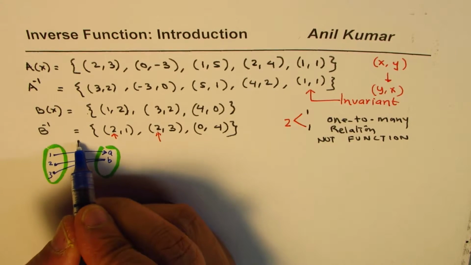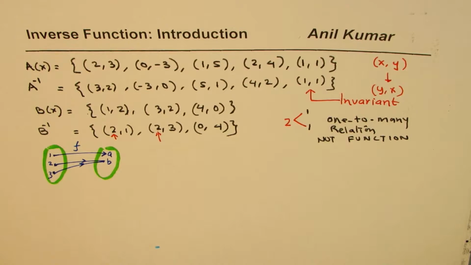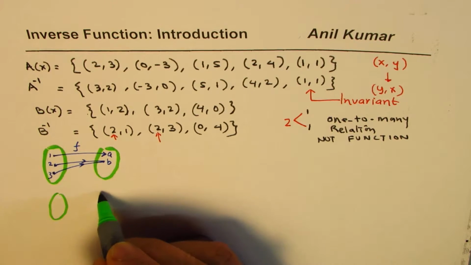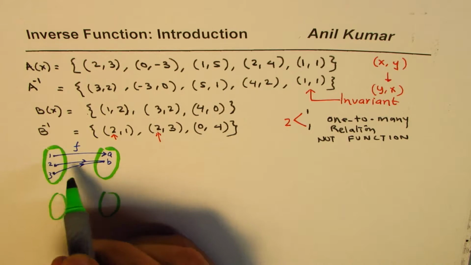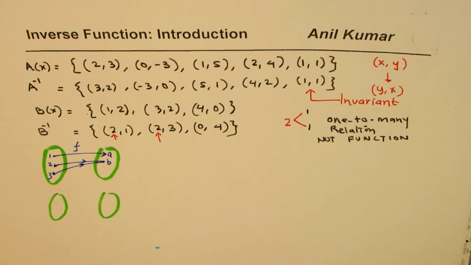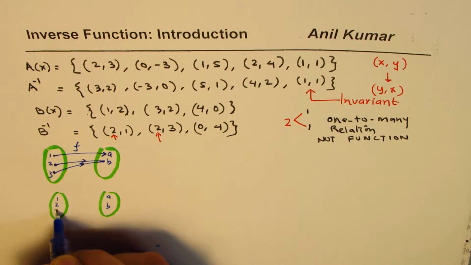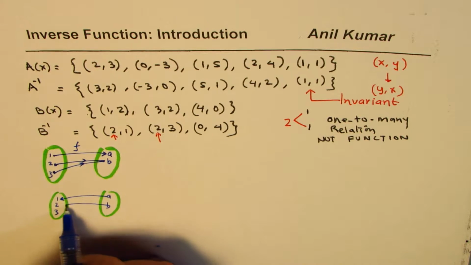So let's call this function f. Now what is inverse of this function? Well, the inverse will be that these arrows will be drawn in the reverse order. So instead of going from left to right, if I change their direction, we get the inverse. So we get the inverse if I change these arrows like this. Do you see that?